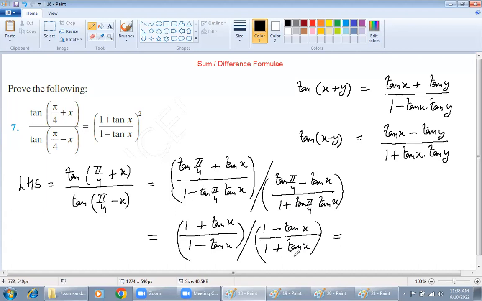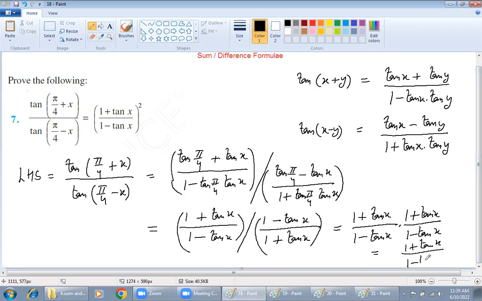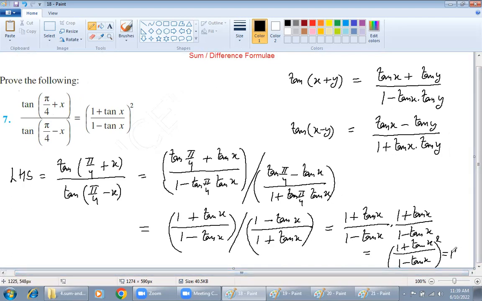This division will change into multiplication by the reciprocal. This is equal to 1 plus tan x upon 1 minus tan x whole square, which is equal to right hand side.